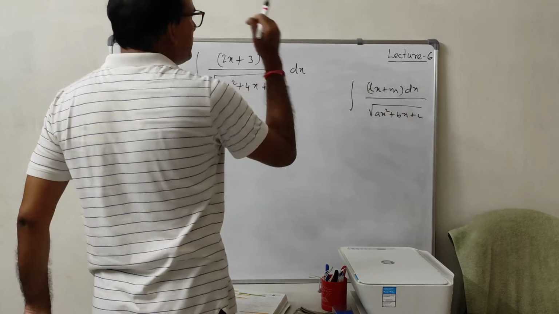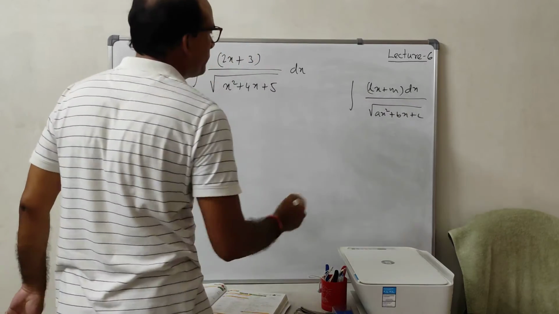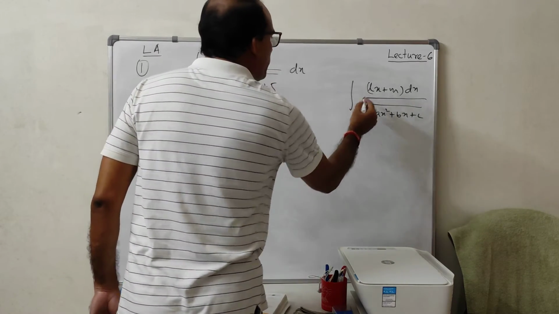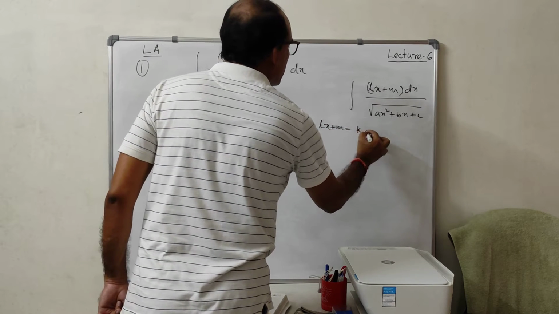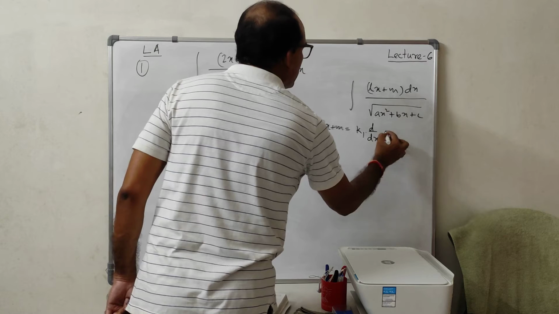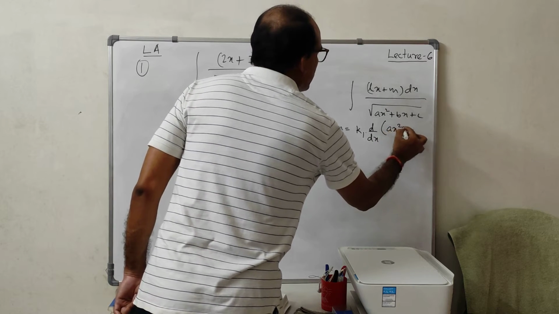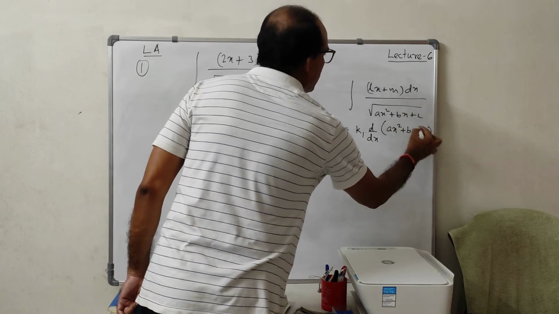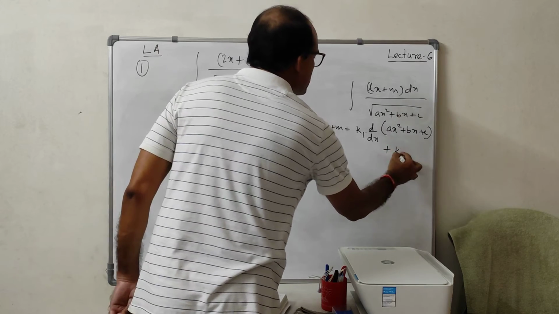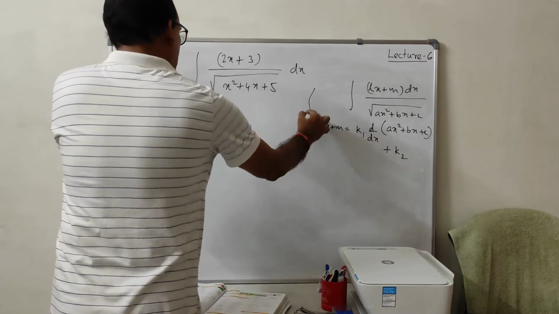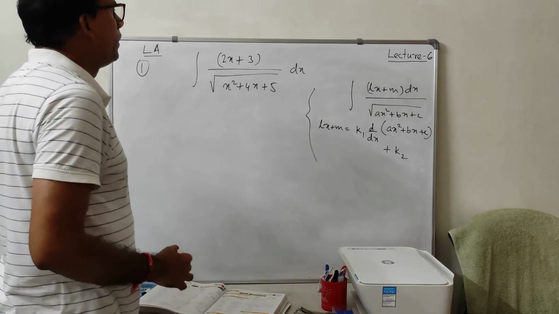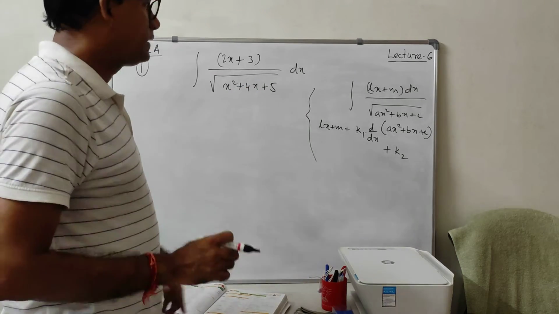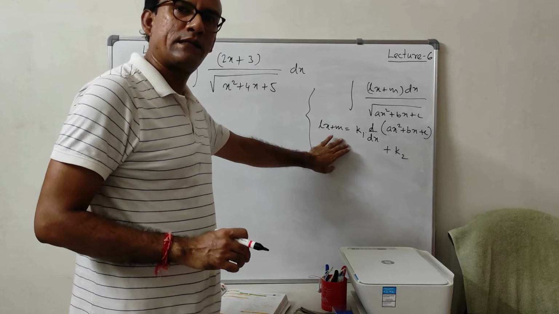For this type of integrals, you may write the numerator lx plus m as some constant k1 into d/dx of the quadratic expression under the radical sign in the denominator plus another constant k2. You can approach this method, which I discussed in lecture 4.